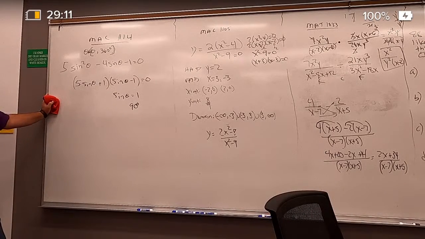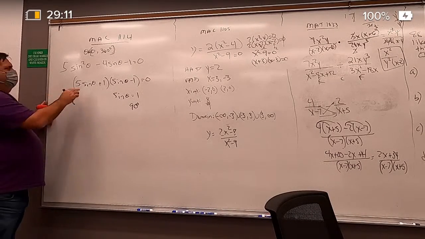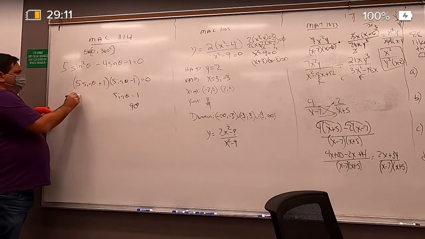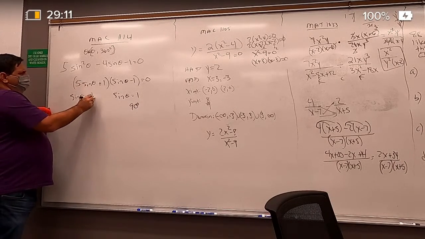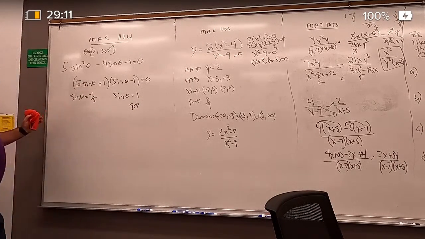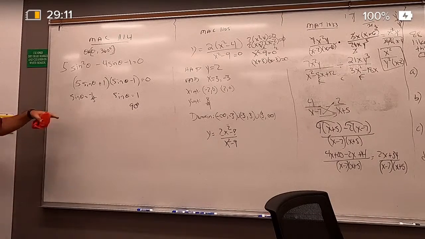All right. Now, sine theta equals negative 1/5. Do we agree? Now, we're going to use a calculator. Remember that when you use the calculator and you do arc sine, you're going to get a number between negative 90 degrees and 90 degrees.